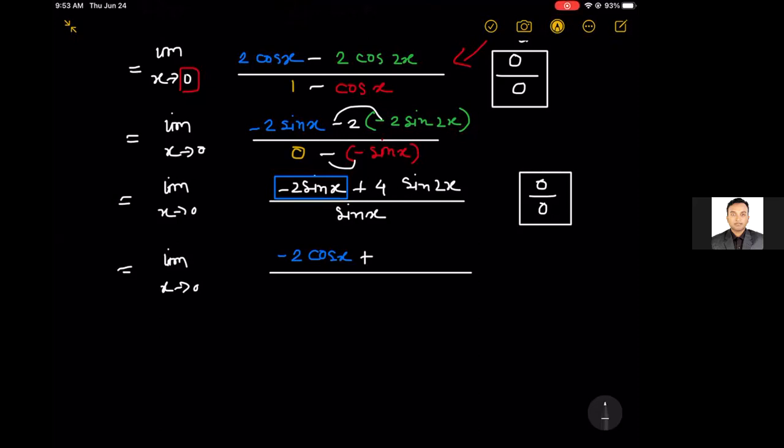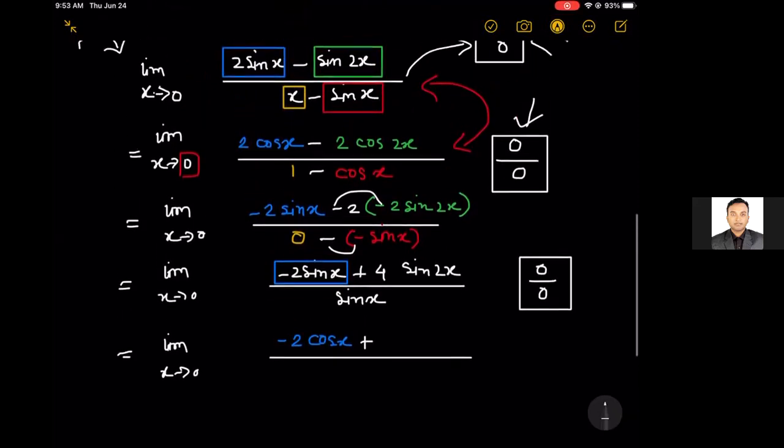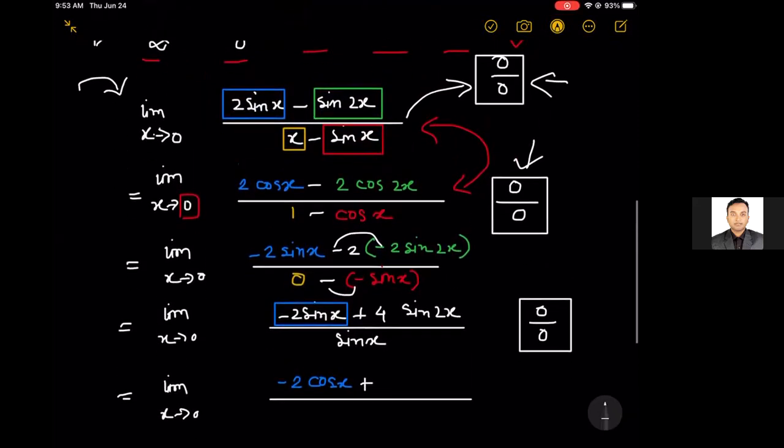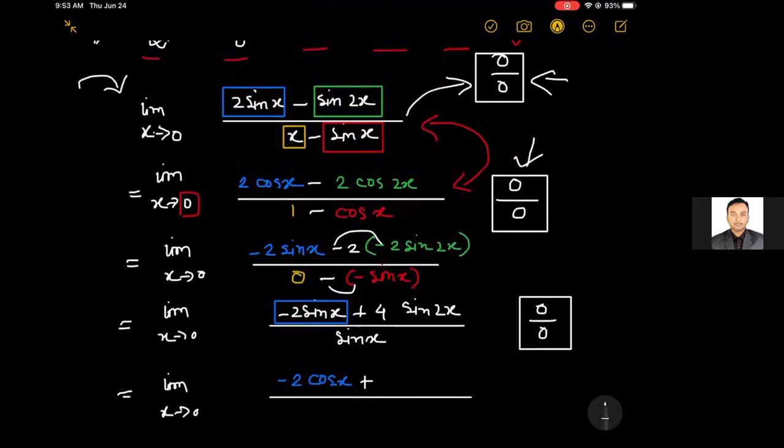The algebra here is pretty simple. You just plug in x equals 0 and see whether you have one of these indeterminate forms or not. If you have, you can just use the L'Hopital rule. In other words, you can find the first derivative of each of those terms and replace those in their respective places. That's it.